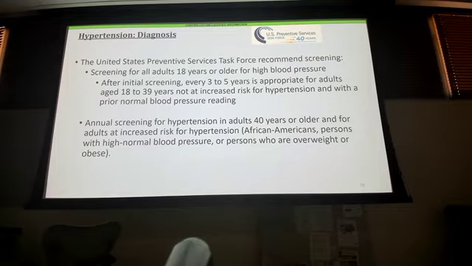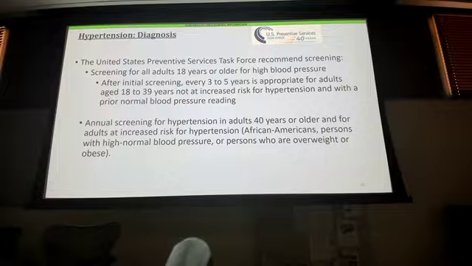When we talk about preventative services, the USPSTF actually has recommendations on who to screen for blood pressure, okay? The official guidance from the USPSTF is if you have an adult 18 to 39 who is average risk, they recommend taking their blood pressure, and if normal, then every 3 to 5 years they get a blood pressure check.